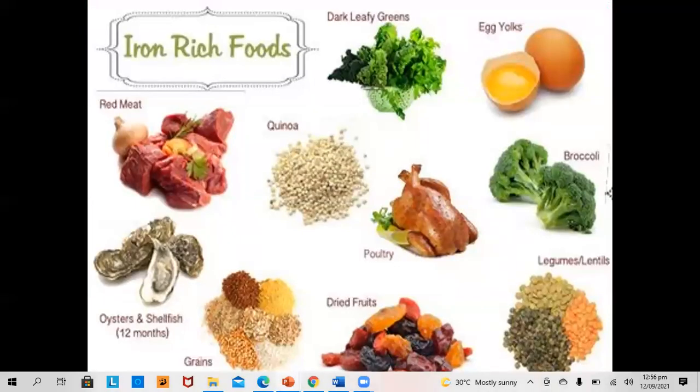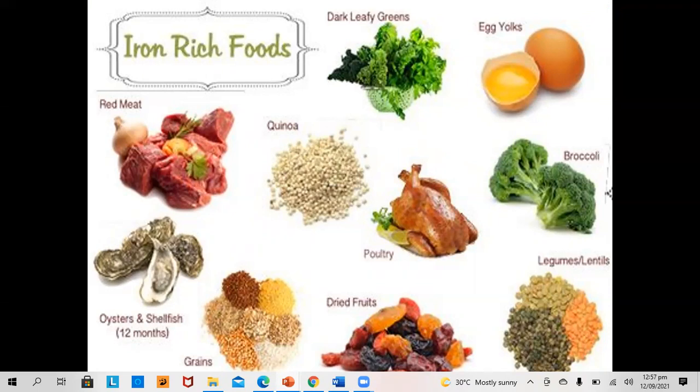Iron. Now we are dealing with some essential micronutrients and metals. So the most essential is definitely iron. And the iron is acquired by red meat, from poultry, chicken, and from egg yolk.